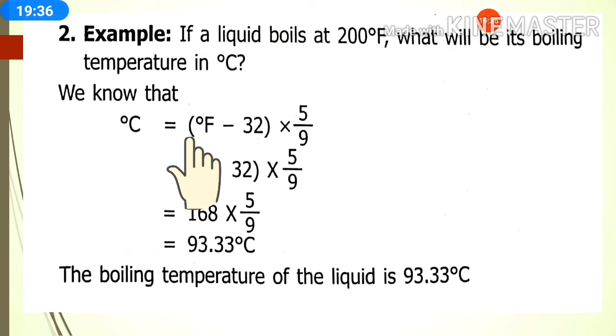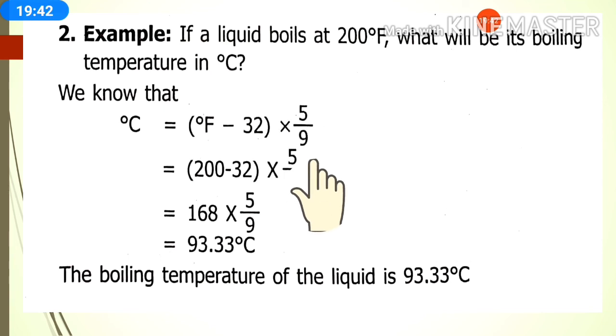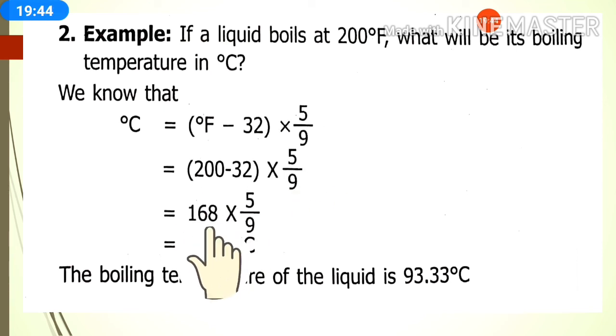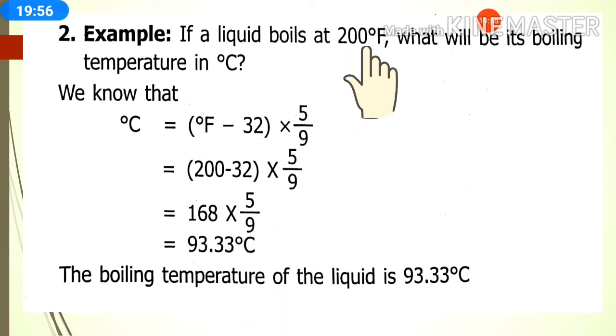The value in Fahrenheit is 200, so 200 minus 32 into 5 by 9. 200 minus 32, how much? 168 into 5 by 9. When you do the calculations, you will get 93.33 degrees Celsius. Okay, so 200 degrees Fahrenheit in Celsius is 93.33 degrees Celsius.